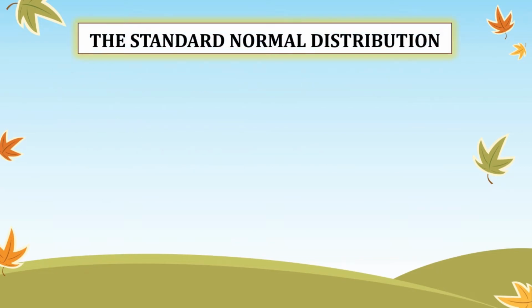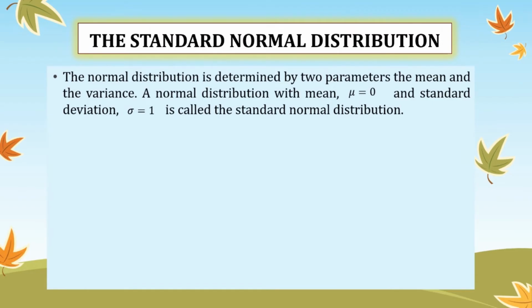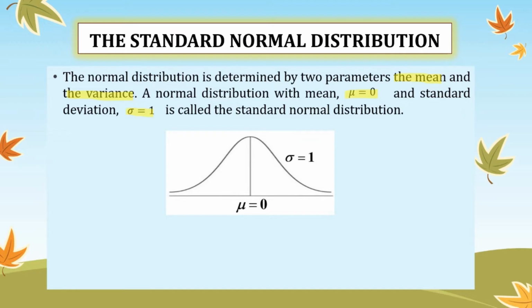The standard normal distribution. The normal distribution is determined by two parameters, the mean and the variance. A normal distribution with mean 0 and standard deviation equal to 1 is called the standard normal distribution. So this is the bell curve for standard normal distribution, where mean equals 0 will be in the middle.